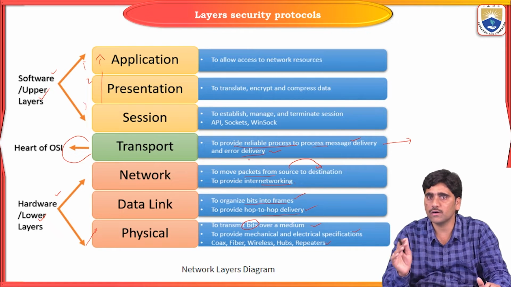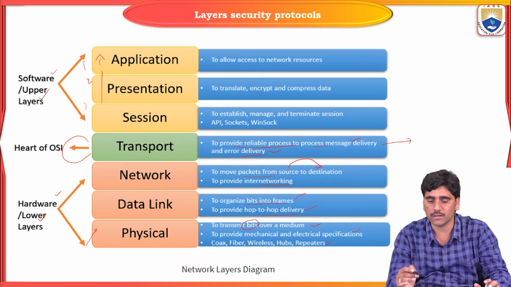So whenever you get a message to be delivered, it shows that message delivery is successful. Whenever it gets an error, it sends that error message. So the transport layer has the functionality of delivering the messages as well as errors.